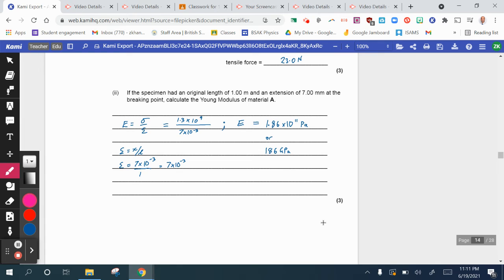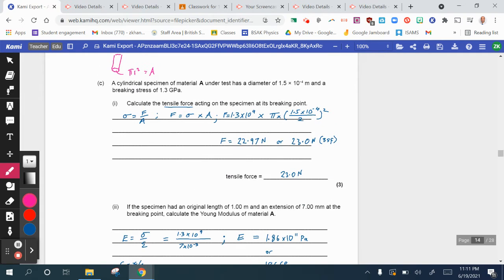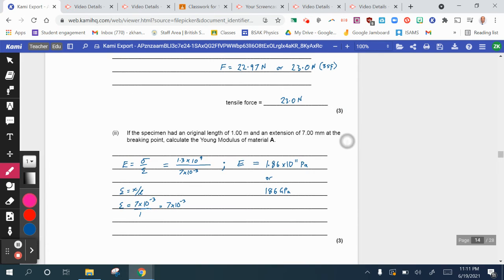In the next part, the original length of this specimen is 1 meter, and that specimen under stress extends by 7 millimeters at the breaking point. Again, the breaking stress is relevant because at the breaking point, the stress is 1.3 gigapascals.